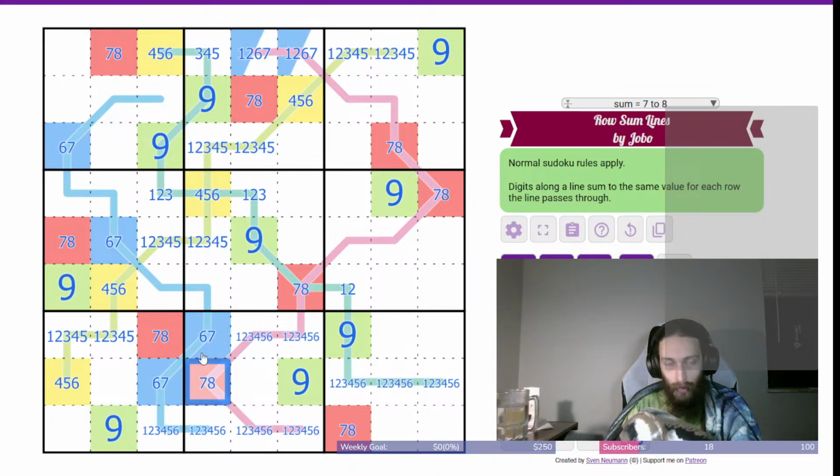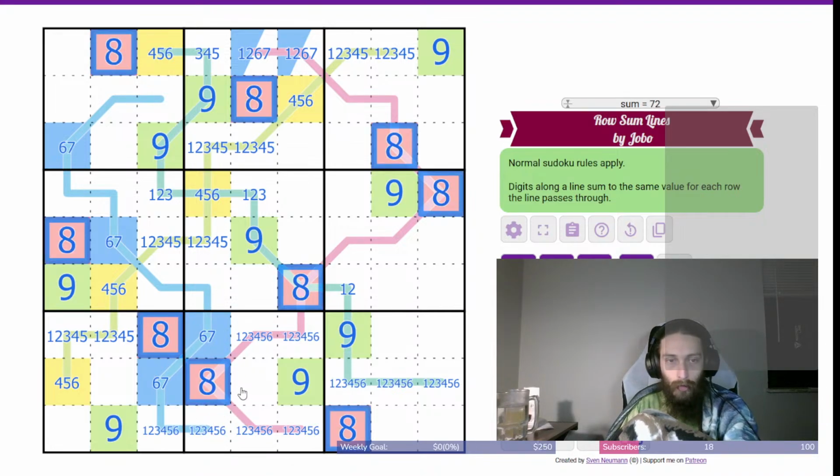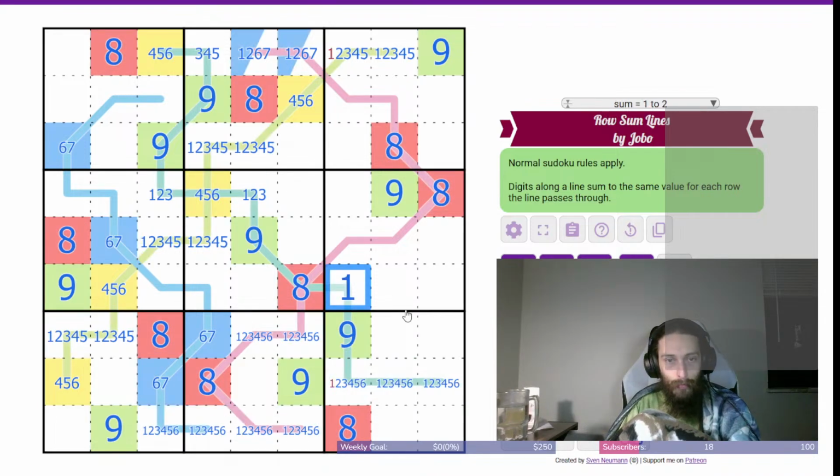But, okay, we know red... If red was not 8, right? We know that can't be an 8 because it combines with minimum 4. 8 isn't 9. Can't put 8 on yellow. Yellow's not 8. And you can't put 8 on the blue line. Blue can't be 8. So red is suddenly 8, which makes that a 1.